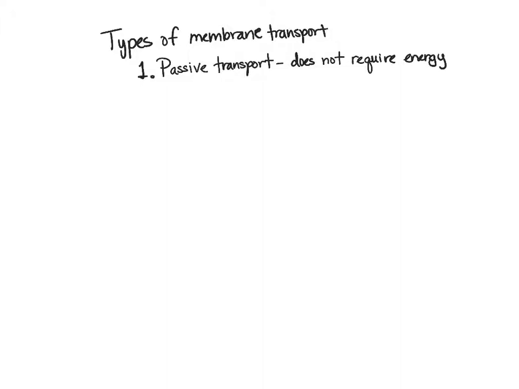Things can just move in the direction that they're going to move, and we'll talk about why that happens. But it is able to easily just move to where it's going to go. And then what we're going to talk about is how these things move. They move down their concentration gradient.